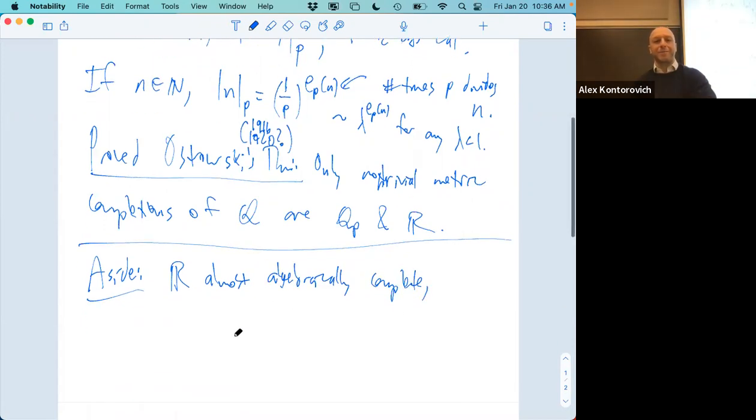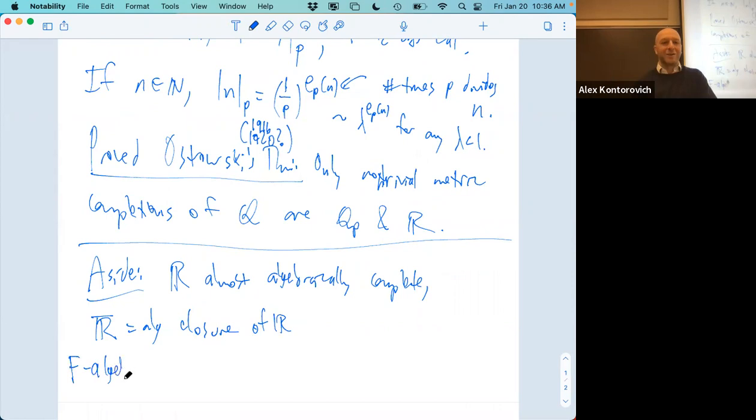Which means, so what is R bar? The algebraic closure of R. Well, what's an algebraic number? Let's say F is a field or a ring, whatever structure you want.